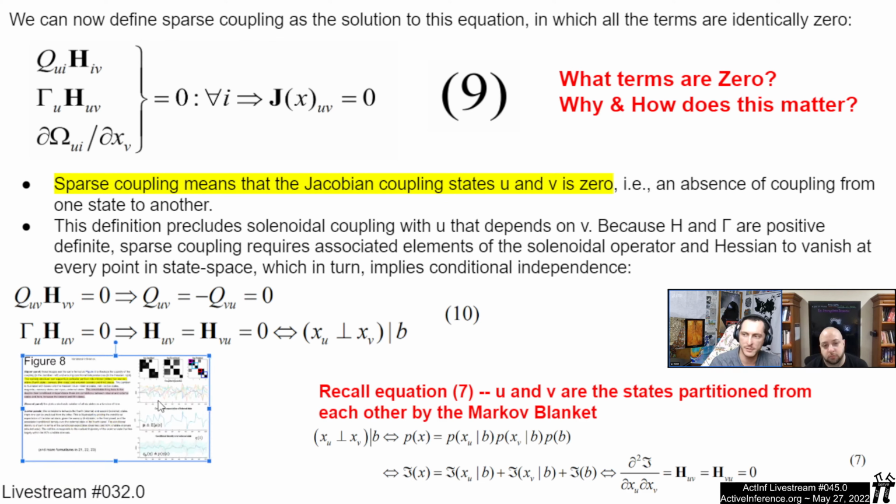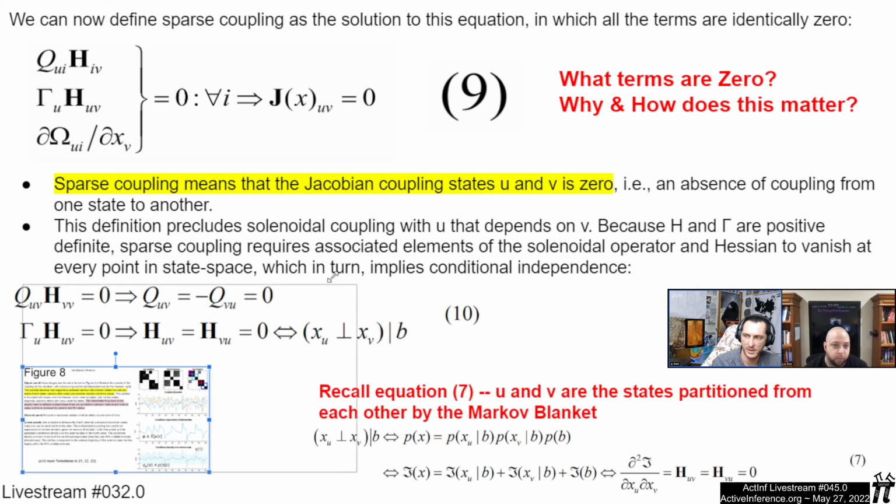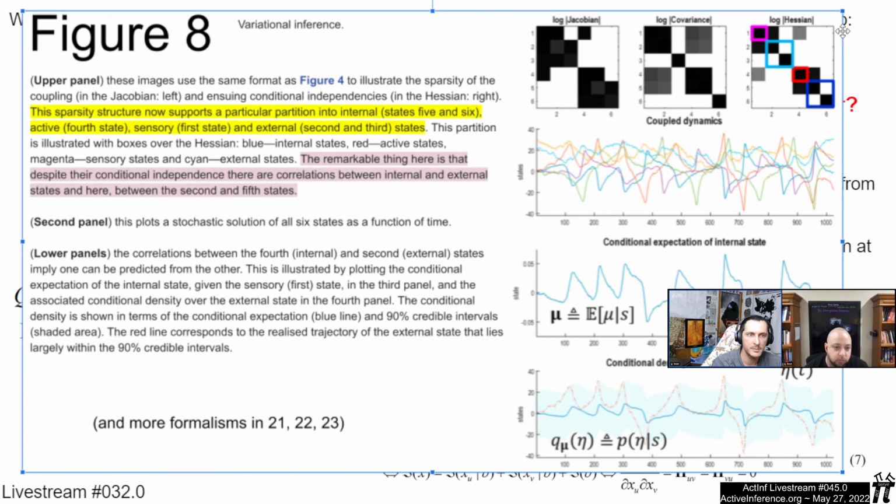But just to give one more visual way of looking at it, this was figure 8 from Livestream 32. We had basically 6 variables in 2 clusters of 3, like 2 communicating entities, coupled by this 1 to 4 connection.